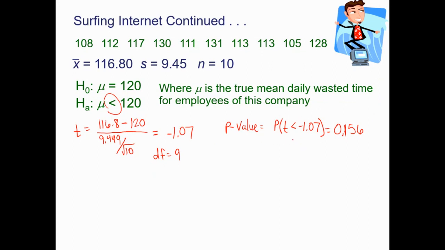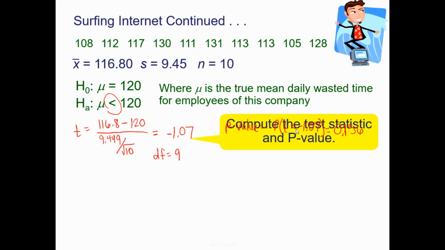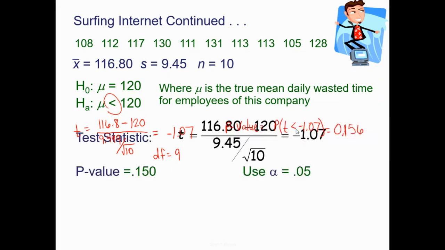Does that make sense? Okay, so they'll give us an alpha level here. But if I use 0.05 as my alpha, 0.05 and 0.156.